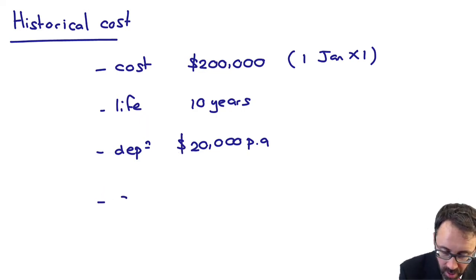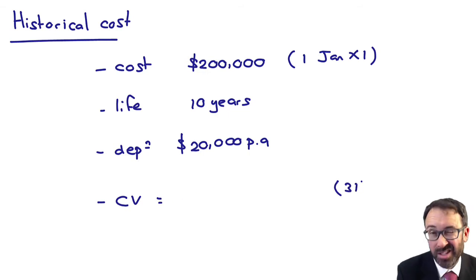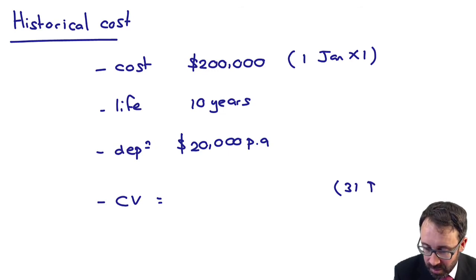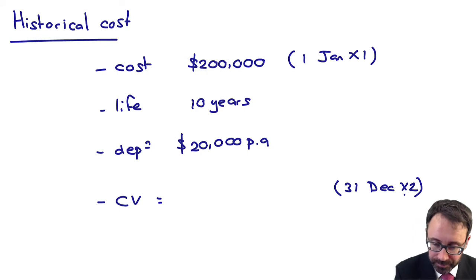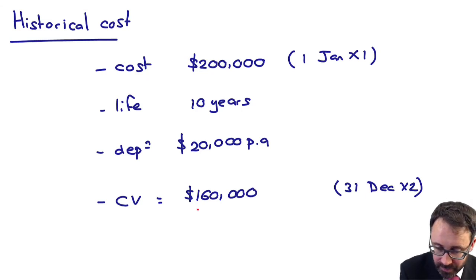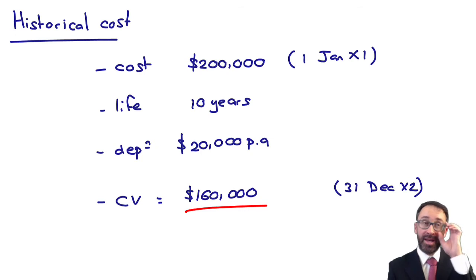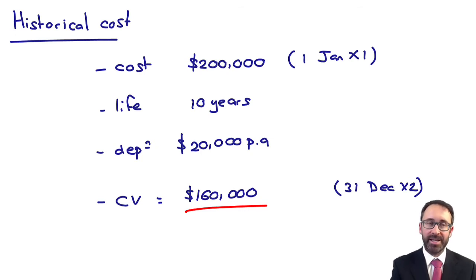So on a historic cost basis, the carrying value, let's make it interesting, on the 31st of December X2, that's 2 years worth of depreciation at $20,000 per annum. Cumulatively that is 40, which gives me a carrying value of 160,000, isn't it?